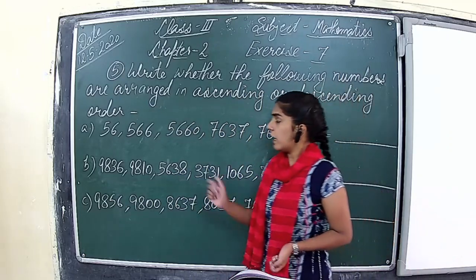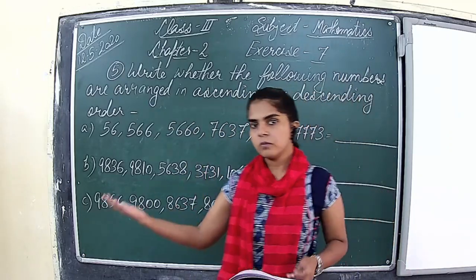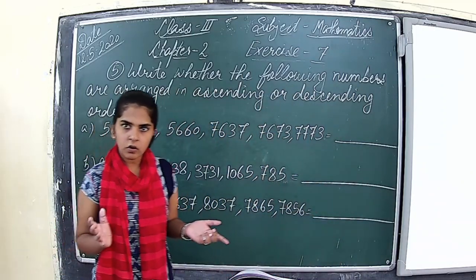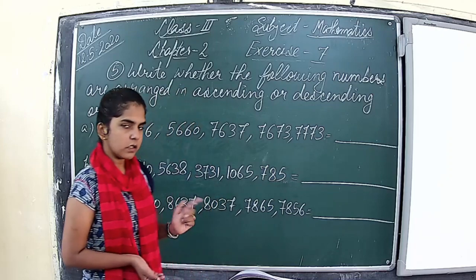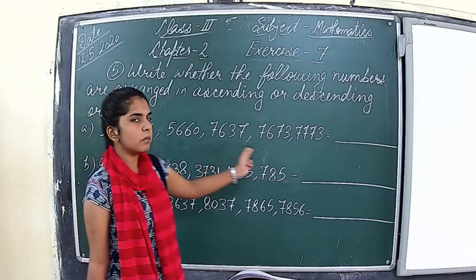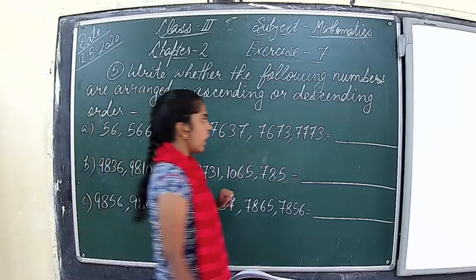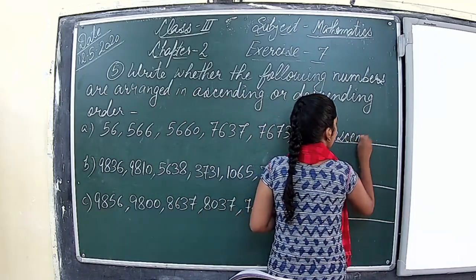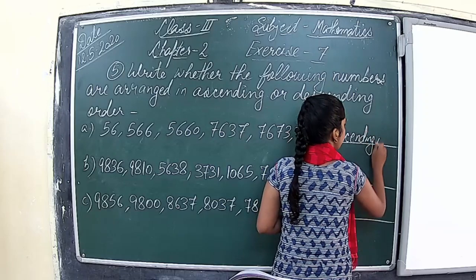As you know, when we move from smallest to greatest, that sequence is called ascending order. So its answer will be ascending order.